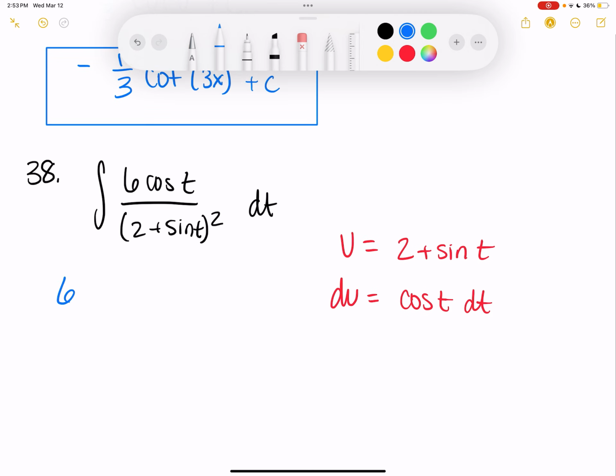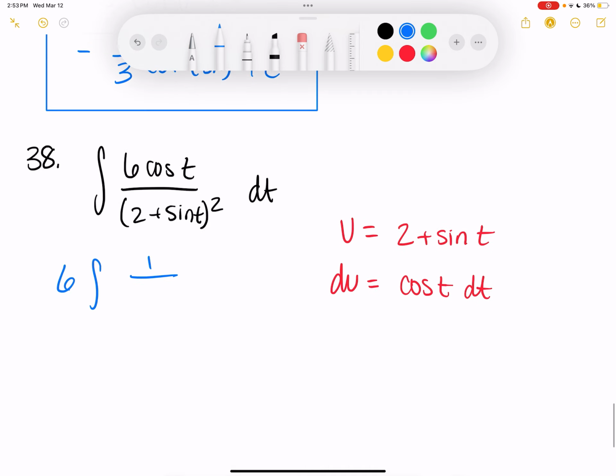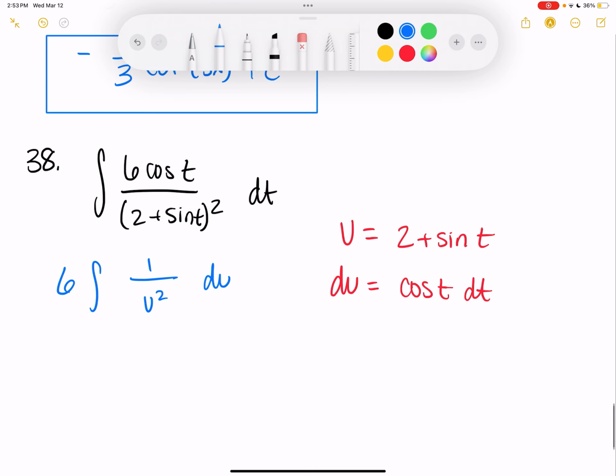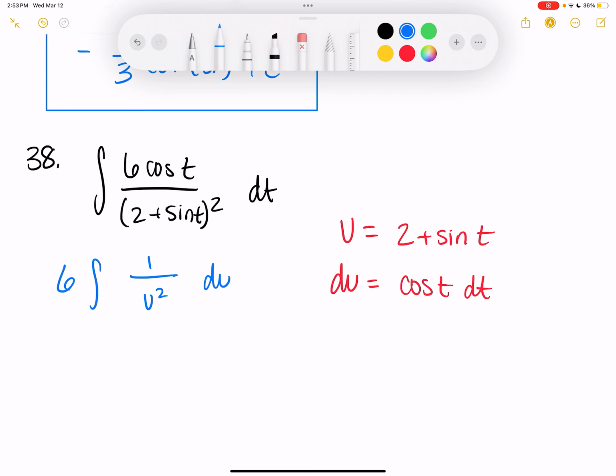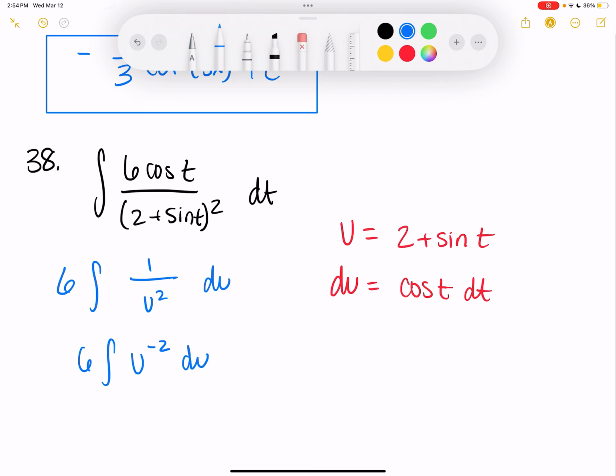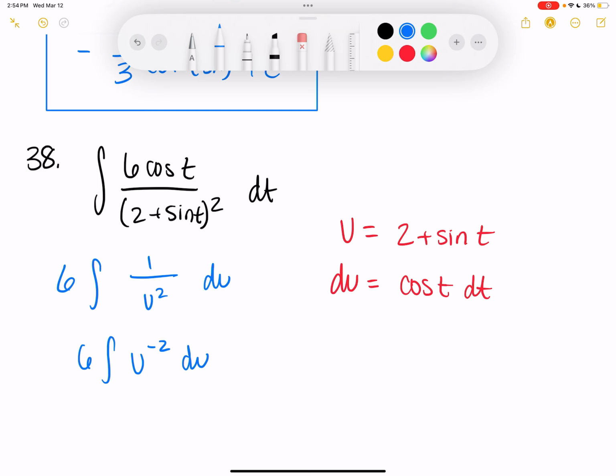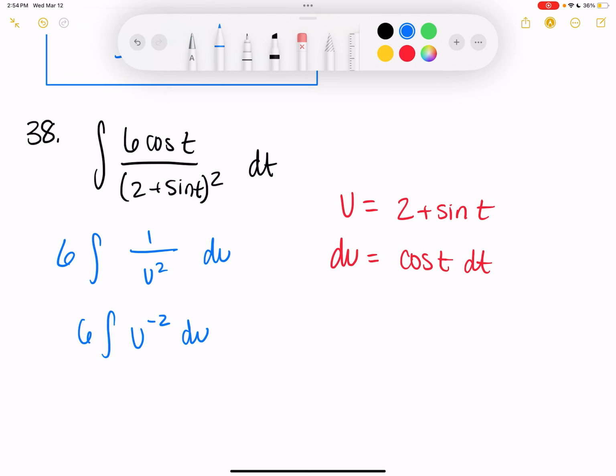So I will have 6 integral 1 over u squared du. So that's 6 the integral of u to the negative 2 du. Antiderivative is, I want to say it's negative. It is negative.